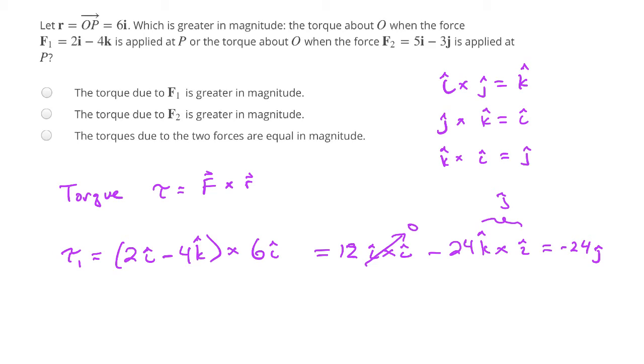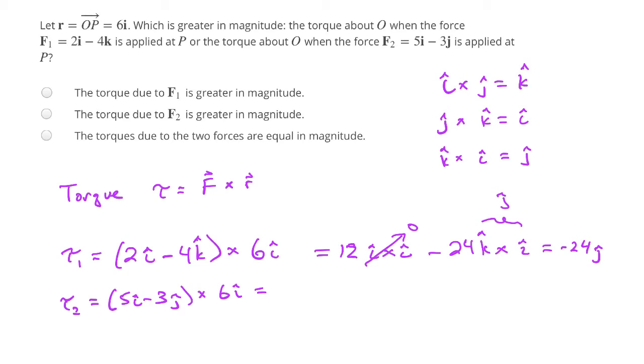If we do the same thing for our second torque, that's going to be our second force, which is 5i minus 3j, again crossed with our lever arm, 6i.